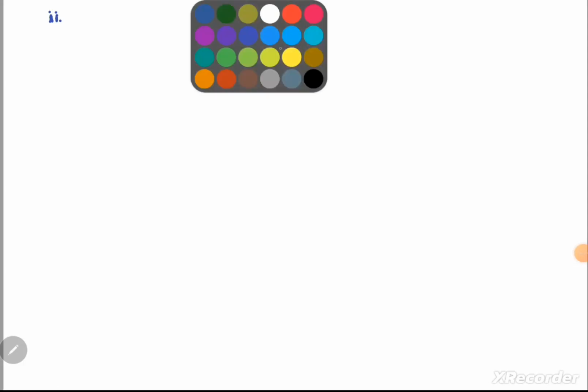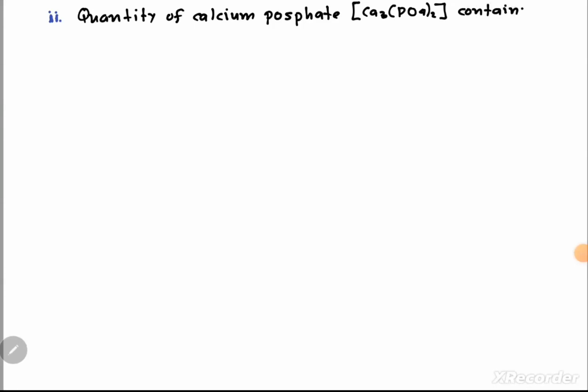Let's see example 2. A quantity of calcium phosphate with this chemical formula contains 0.8 mole of oxygen atoms.